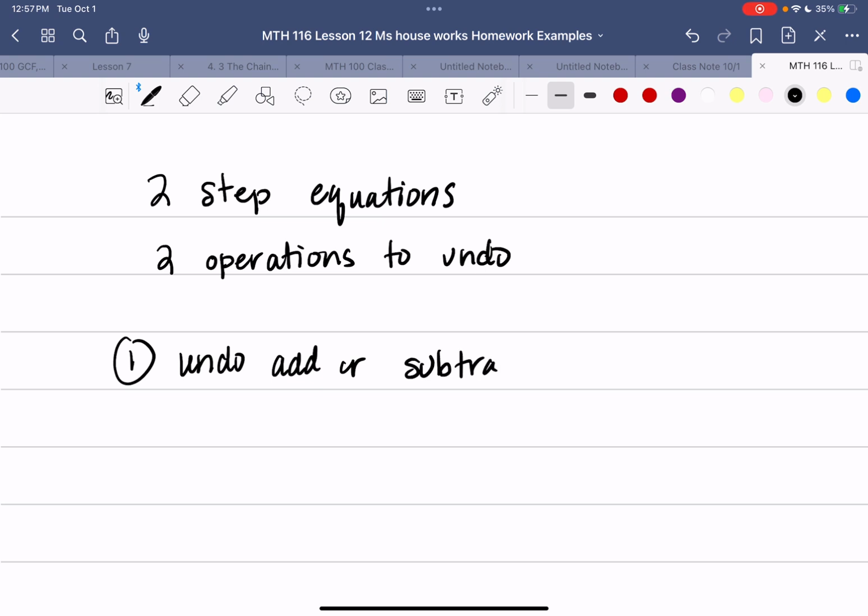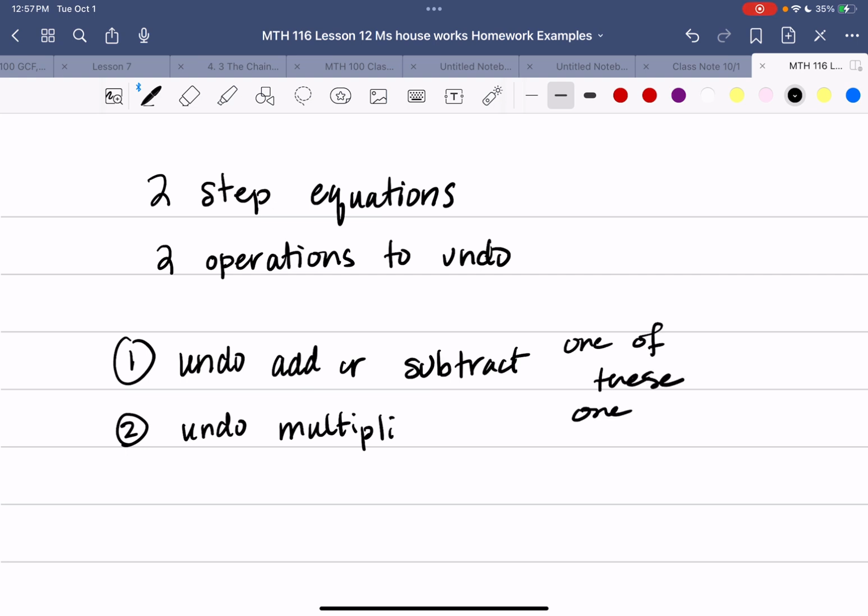And number two, undo multiplication or division. So you're going to have one of these and one of these. You'll have add or subtract, and you'll have multiply or divide. Now, it's opposite of the order of operations because we're going backwards and we're solving now.